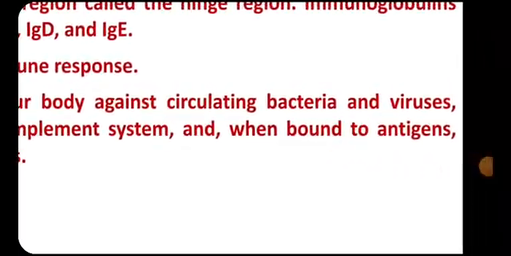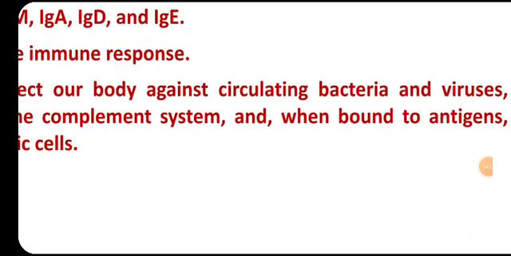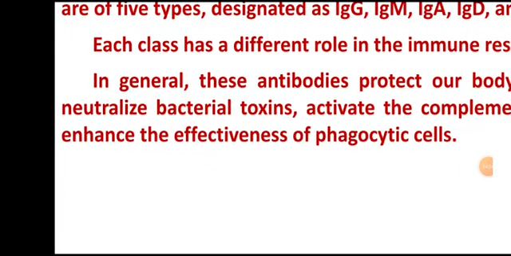And when these antibodies are bound to antigens, they enhance the effectiveness of phagocytic cells. That means if a bacterial cell is bound by antibodies, then this bacterium-antibody complex can be engulfed very easily by phagocytic cells such as macrophages.